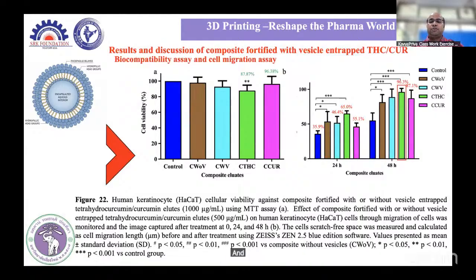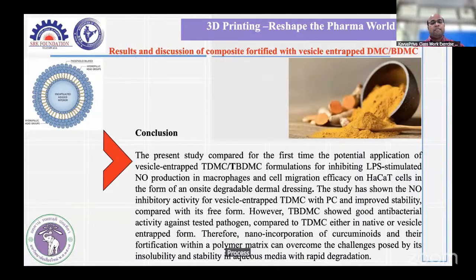And when it comes to tetrahydro and curcumin, we can see that tetrahydro is showing 96% cell migration, while curcumin, which was entrapped in the film, showed 87% cell migration. So there is a bit of variation, but still all are showing good results. That is all for the five metabolites, and curcumin, that is curcuminoids, are effective in this process.